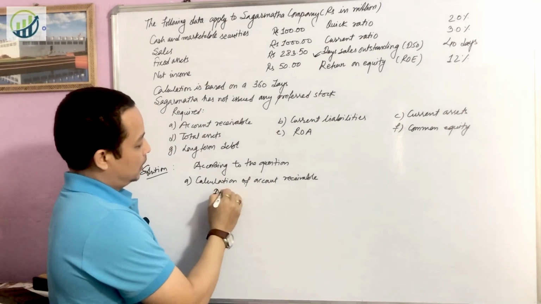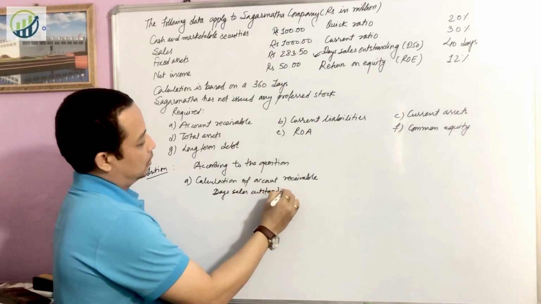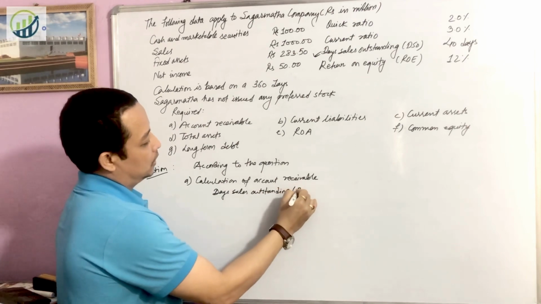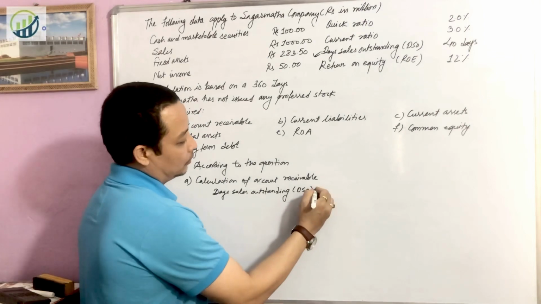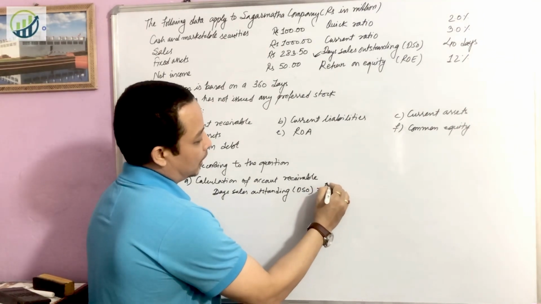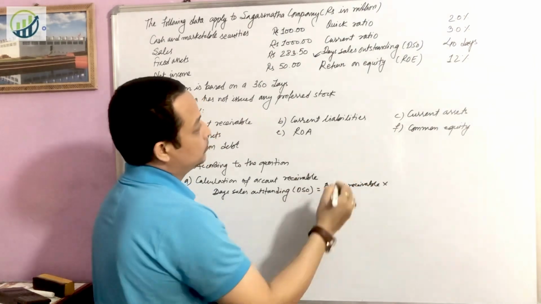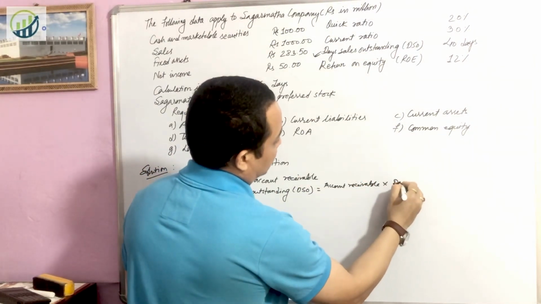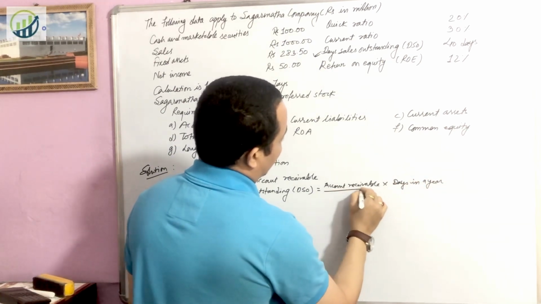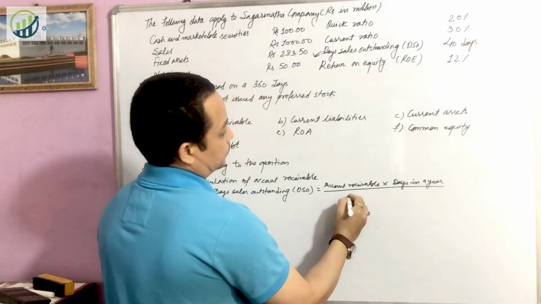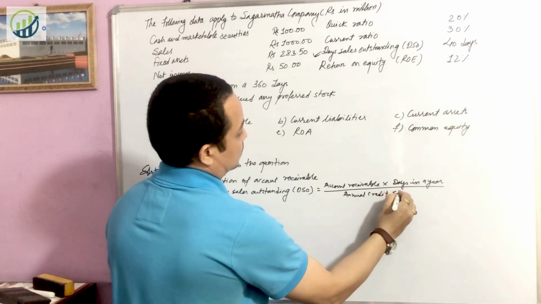So here days sales outstanding, DSO. You have to know the formula. Accounts receivable into days in a year, divided by annual credit sales.